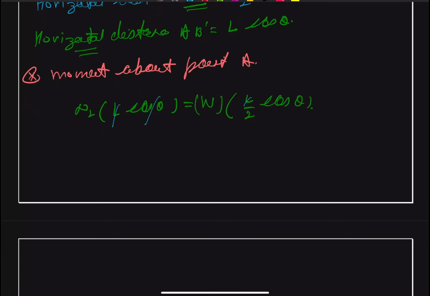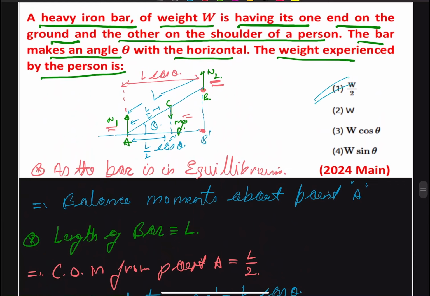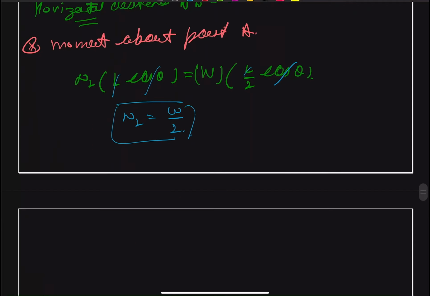L and cos theta cancel out, thus we get that N2 will be equal to W upon 2. So option number 1 is correct.